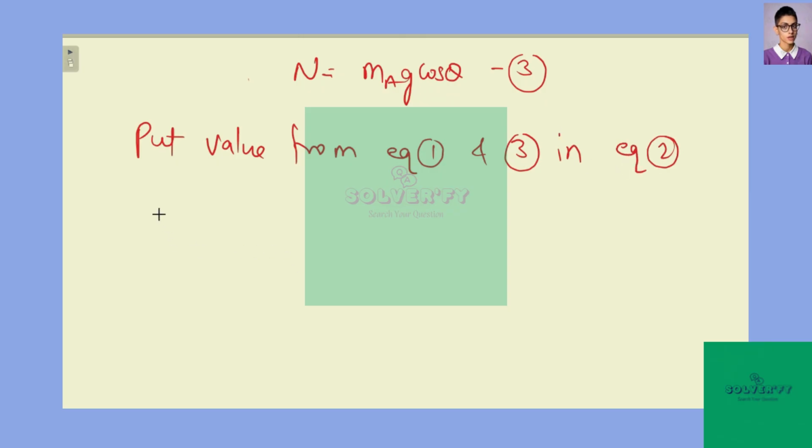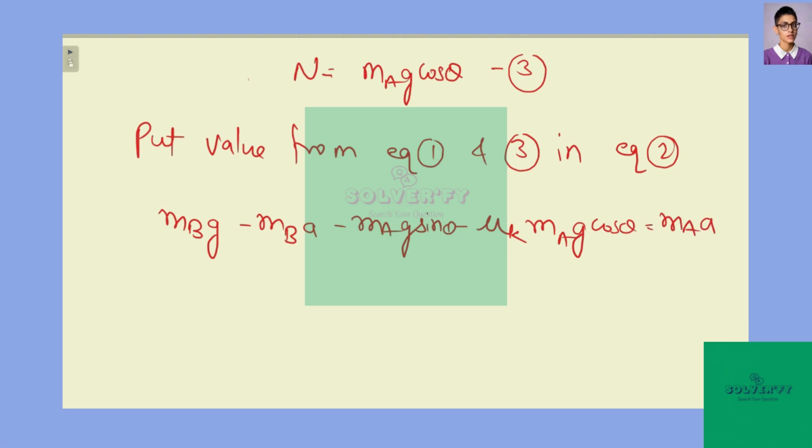So we finally get mb g minus mb a minus ma g sine theta minus mu k into the frictional force, that is mu k into ma g cos theta, equals mass into acceleration.